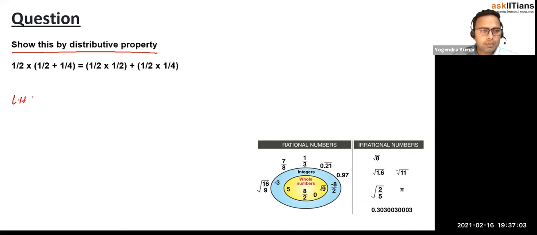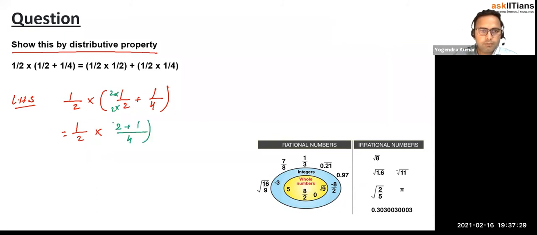For LHS, 1 by 2 into 1 by 2 plus 1 by 4. Now here addition, so I hope you know this. We need to take the LCM here, so I need to multiply 2 and 2 to take the LCM. So 2 plus 1 divided by 4. So what are we getting? 1 by 2 into 3 by 4, which is 3 divided by 8 we got.